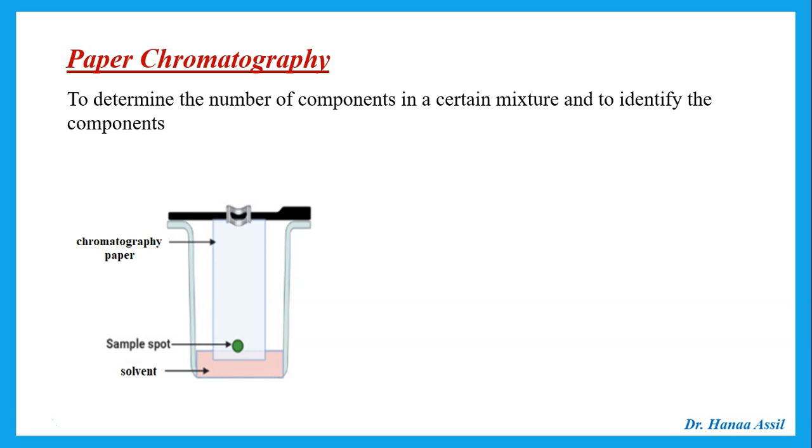So I can put a spot of the sample at the bottom of a rectangular filter paper, which is used as a chromatography paper. And I dip the end of the paper into a solvent, for example, water or ethanol. Now, this solvent will move up the paper. It will soak up the chromatography paper.